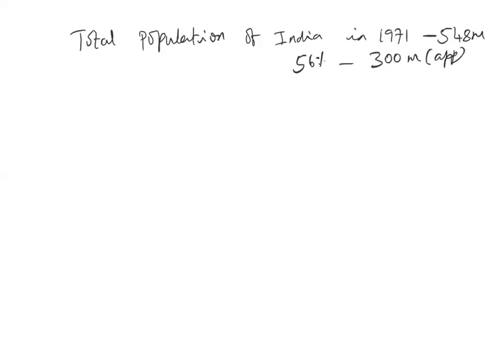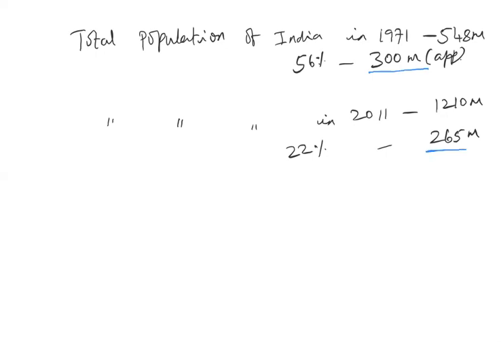Okay. Now the total population in 2011 was 1210 million. So 22% of that is approximately 265 million. So finally, what we are observing is that in 1971, 300 million people were poor, and in 2011 it has decreased only to 265 million.